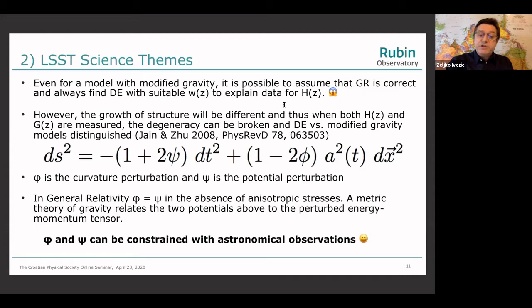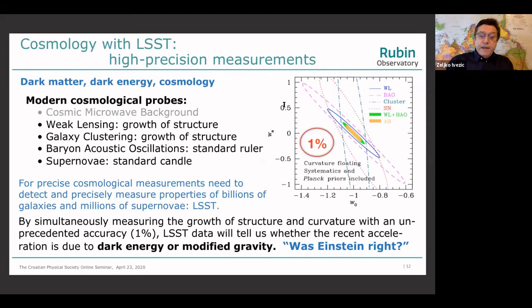So we can get observational constraints on these two. And we know that in GR, they must be equal. If measurements show that they are different, then we know GR is wrong on cosmological scales. That's the idea. And so how can we measure it in astronomy?